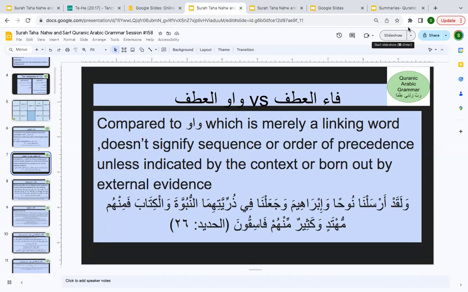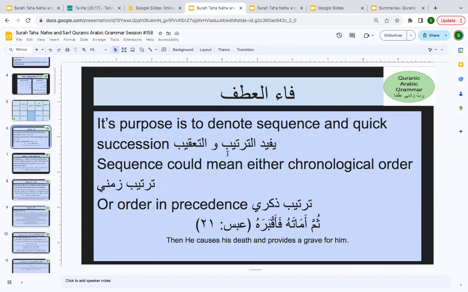Easy. So is this clear to all of you? Are we on the same page? So fa is for tartib wa taqib. Remember, you will know what happened, what was the sequence, and as a result, what happened. Okay?